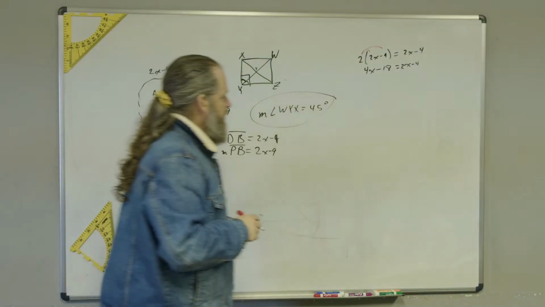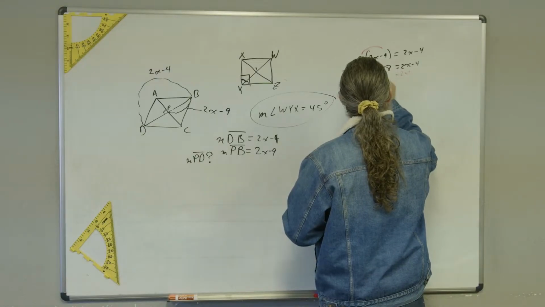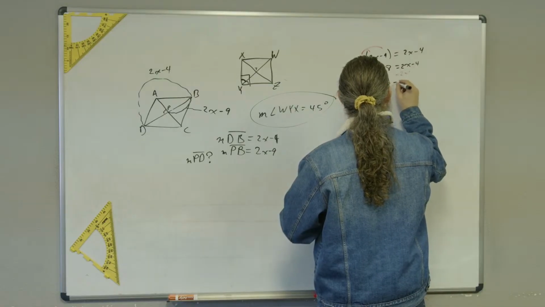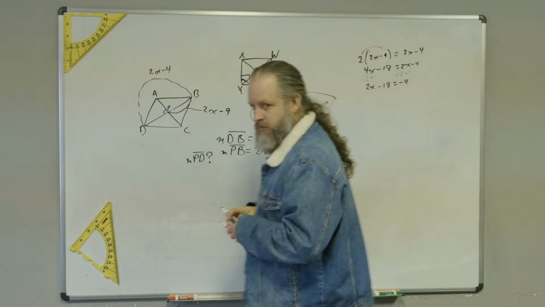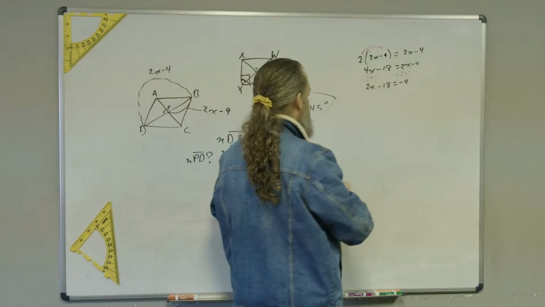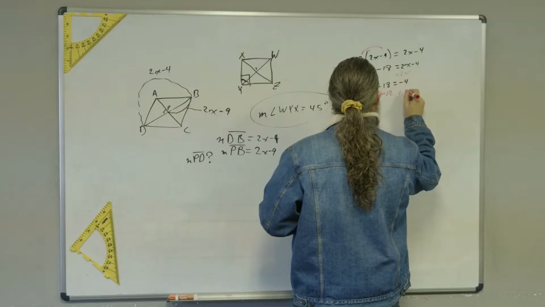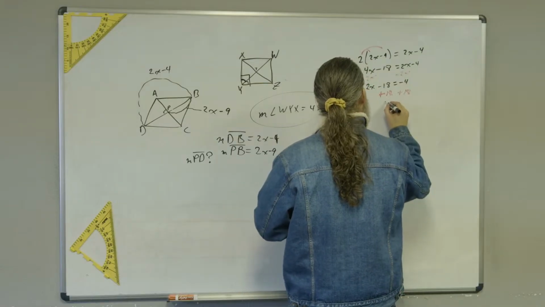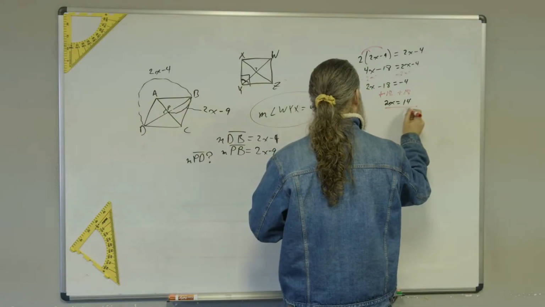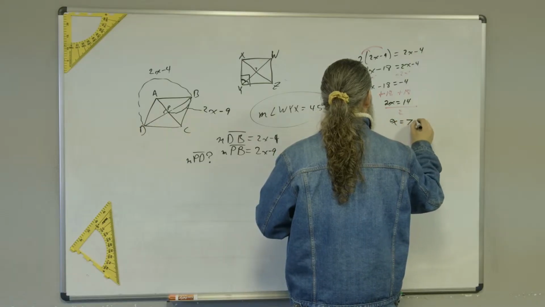Subtract 2x also sounds fine. 4x minus 2x is 2x. Now what? Add 18 sounds fine and dandy. And we divide by 2. x equals 7.